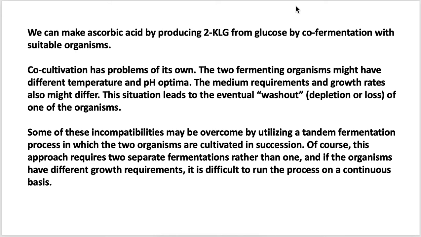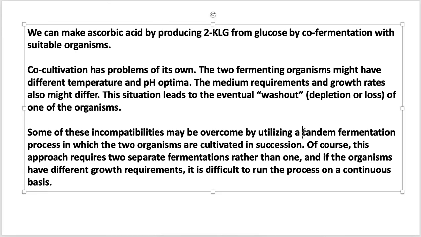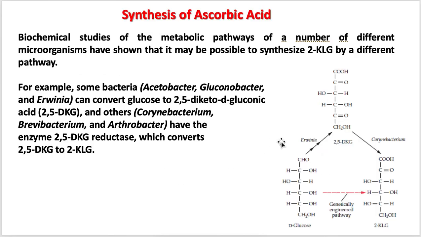So how can we solve this problem? One approach can be tandem fermentation. What is tandem fermentation? First we do the fermentation only with one bacterium, Erwinia, to produce 2,5-DKG from D-glucose.